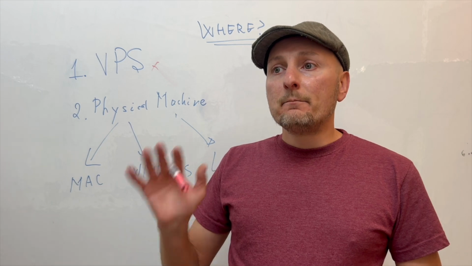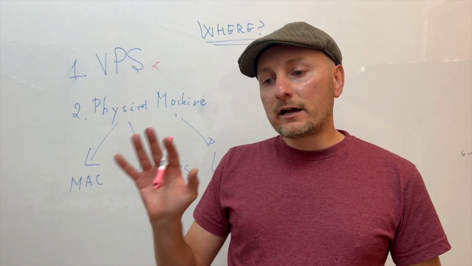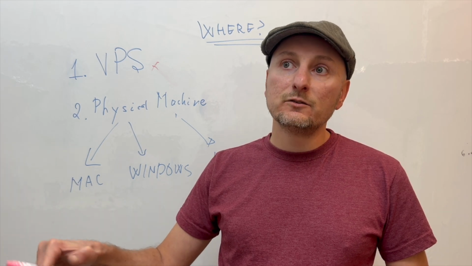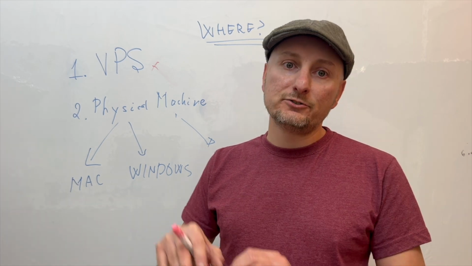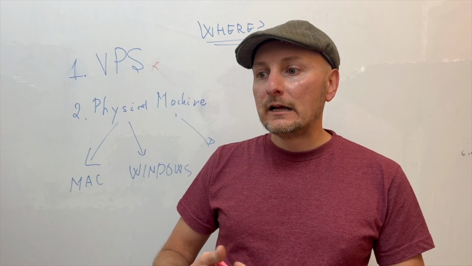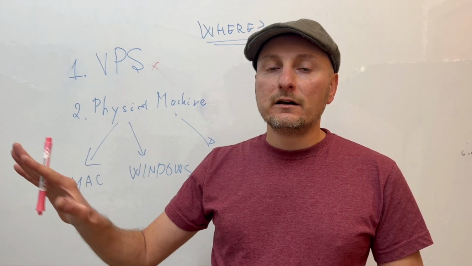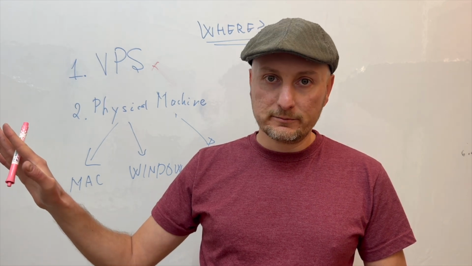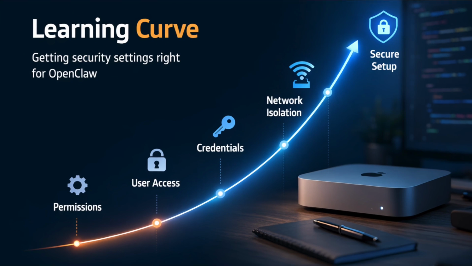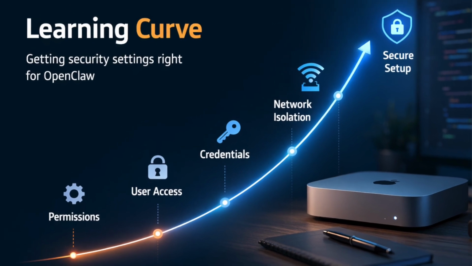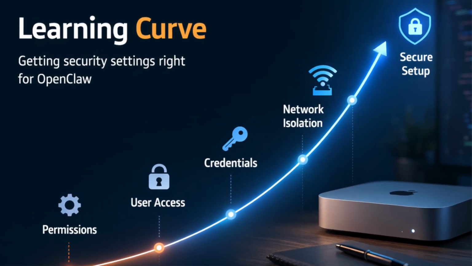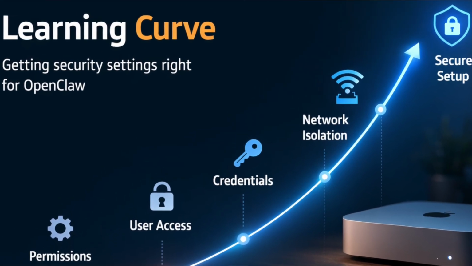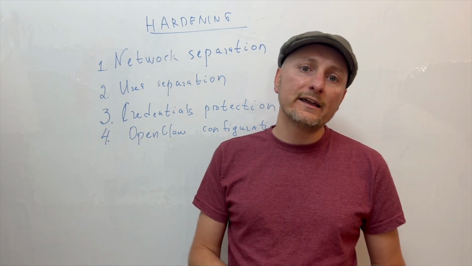But when we set up a computer for an AI agent working 24/7, we really want to understand how security works, and make sure we can address every security concern possible. So there would be a learning curve with either choice, but it would be less if you go for the operating system you already know. Now let's focus on how we can harden the machine where the OpenClaw AI agent is running.